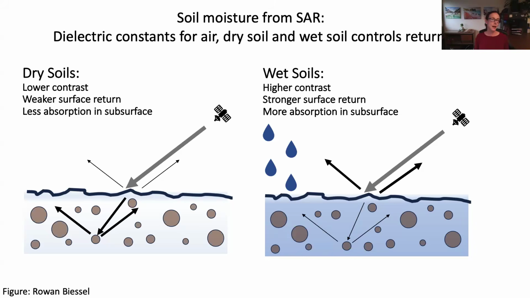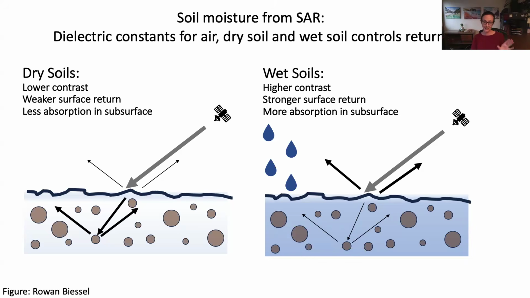When you have a wet soil, then you have a larger contrast in dielectric properties between the air and the subsurface. So you get a much stronger return going back towards the satellite. So for an active remote sensing approach like what we have with NISAR, you'll see the soils get brighter or darker depending on whether they're wet or dry.